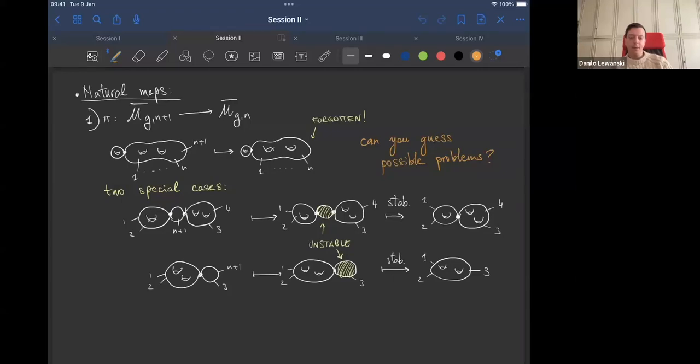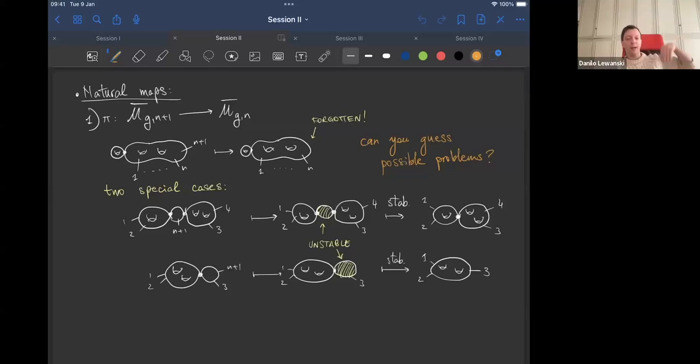But if you think about it a bit, you'll see that you may run into trouble, because forgetting a marked point is very easy, but marked points keep the component stable. If you lose too many marked points, you may end up in an unstable situation, and now you want to worry about in exactly how many cases this can happen, and you want to cure these anomalies.